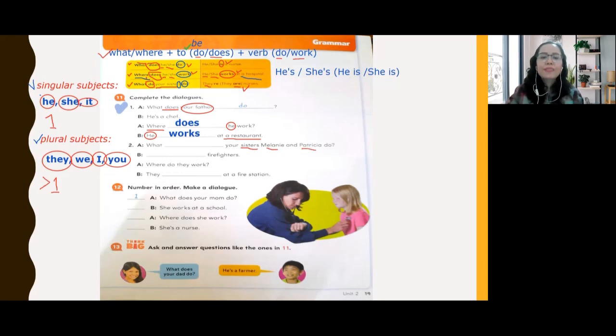So the subject is plural. If the question word is what, what kind of to be that we are going to use? Do or does? Good. We are going to use do.